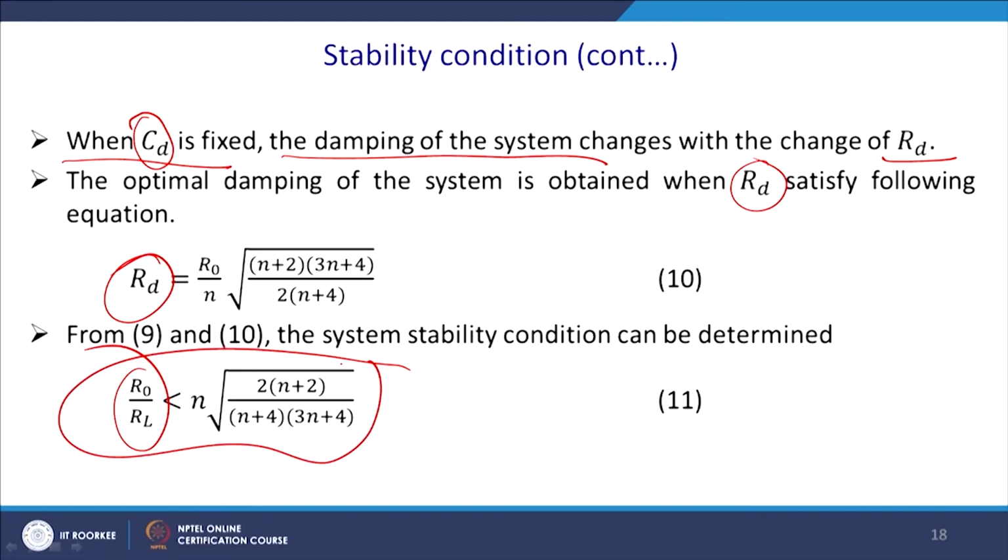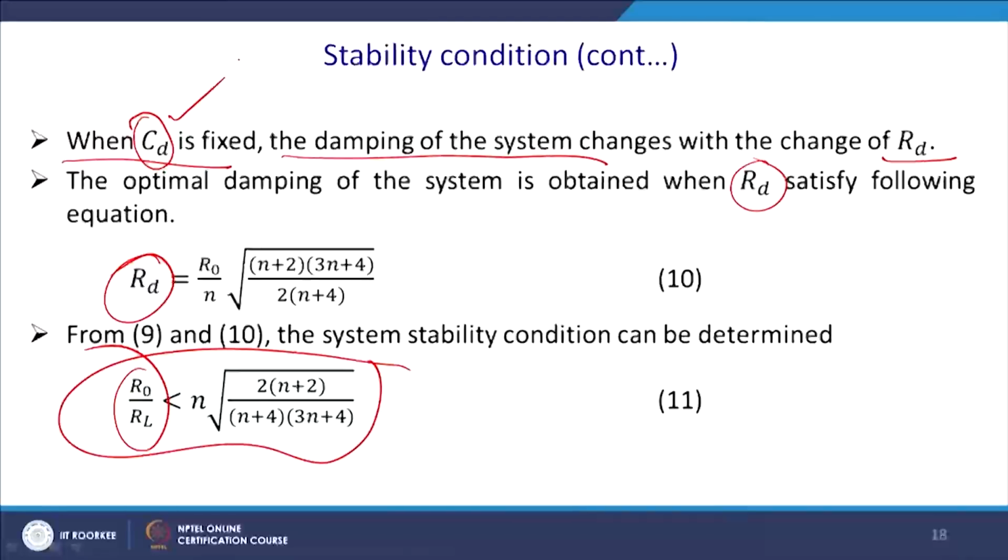So, your values of L e and C e are fixed, and then you will fix up the value of the C d. If you have chosen that filter capacitor to be 0.47 microfarad, and you choose this capacitor as 47 microfarad, it is actually 100 times higher.